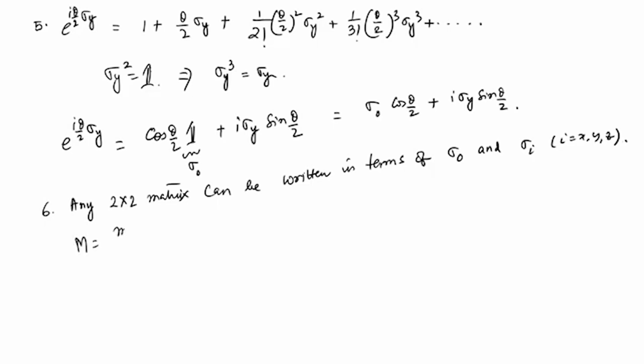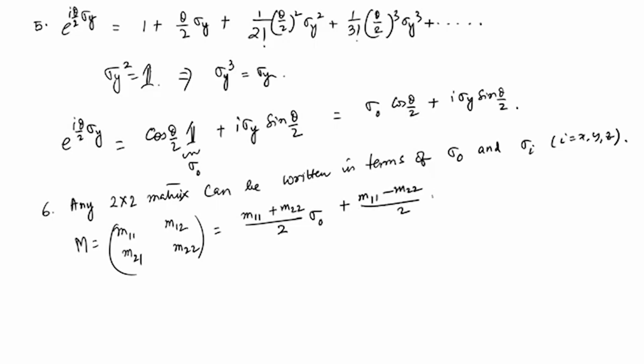Let us take a general matrix with components M11, M12, M21, M22, and this can be written as (M11 plus M22) divided by 2 times sigma 0, that is identity, and then (M11 minus M22) divided by 2 times sigma z, and then (M12 plus M21) divided by 2 times sigma x plus (M12 minus M21) with the i here, divided by 2, times sigma y.